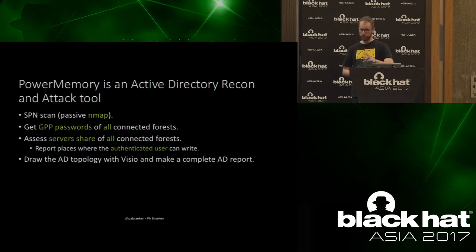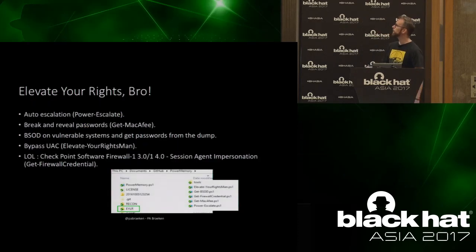So if you want to find all the, I don't know, SQL servers in the domain, you just have to query the domain controller, say, okay, give me all your SQL servers in your domain. And so it will give back to you. You can get GPP password, etc., etc. And also I wrote a tool that draws the Active Directory topology, like Active Directory topology diagrammer.